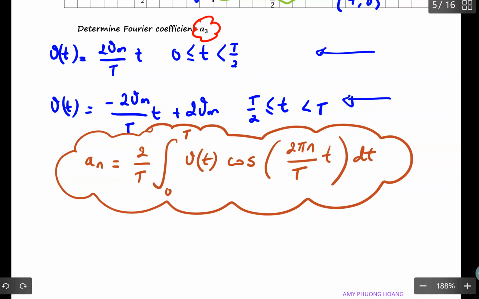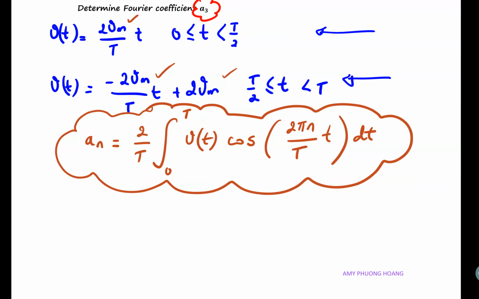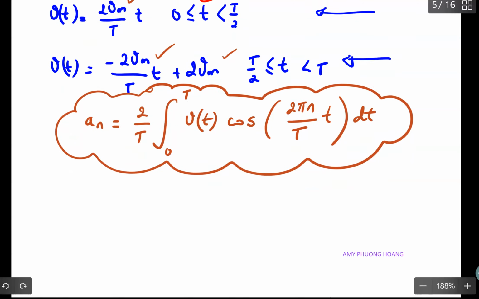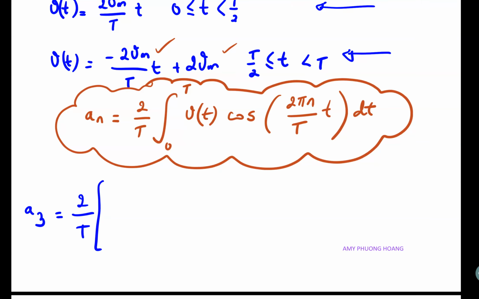Now you see that you have V(t) in two intervals, so we have to include all of that, and we also have to figure out A3. So instead of writing An, I am writing A3 equal to 2 over T. In this case, I have two intervals to work with, so I better break it into two integrals.